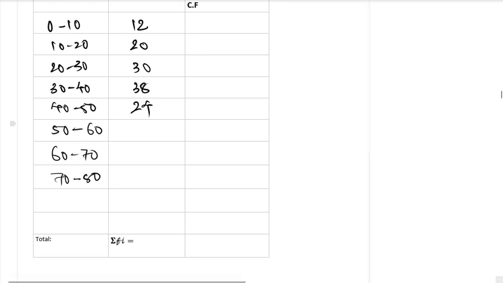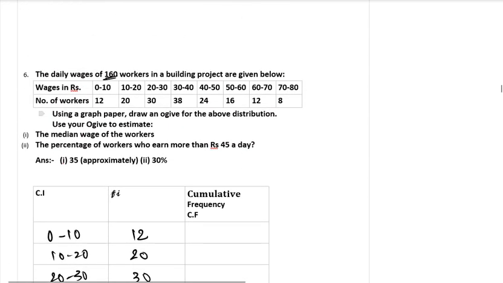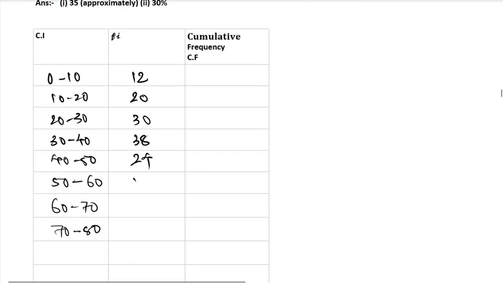So what are the three remaining after 24? 16, 12, and 8 are the frequencies.